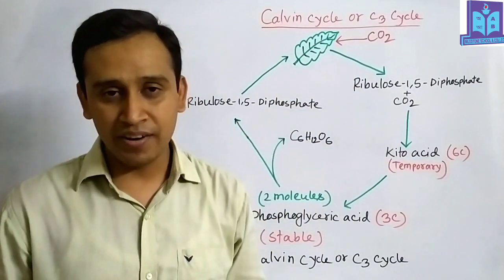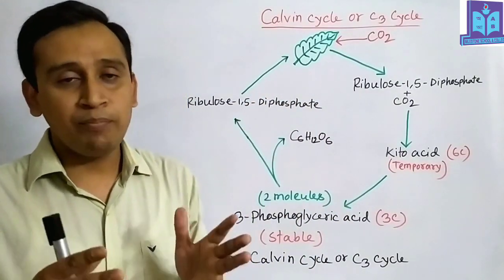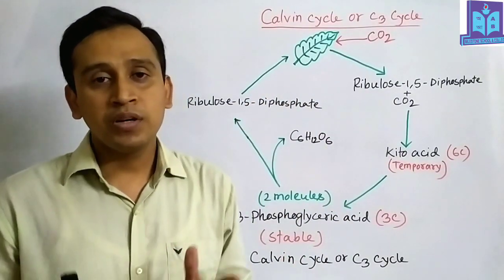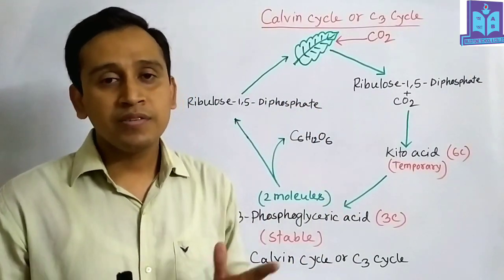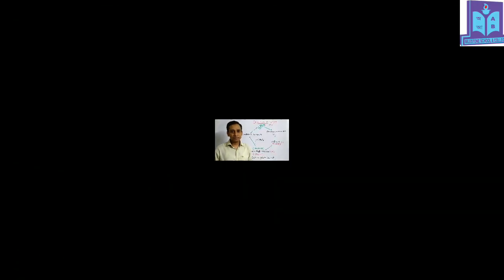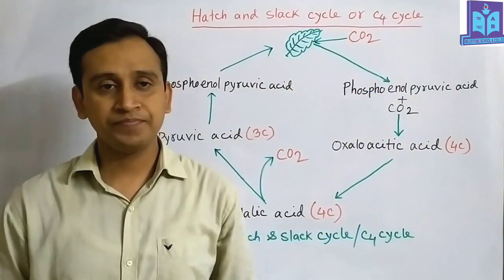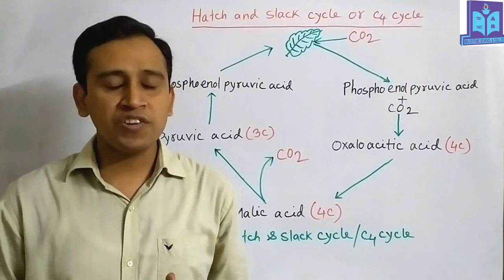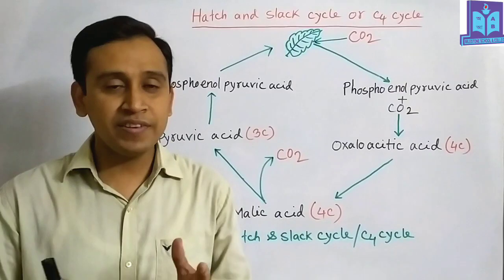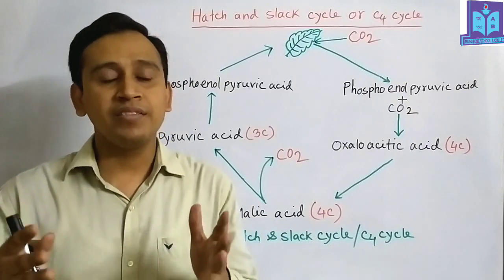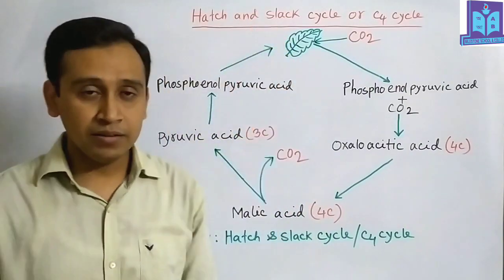In most plants, the C3 cycle occurs, and the plants which produce carbohydrate through this cycle are called C3 plants. Hatch and Slack cycle or C4 cycle. Two Australian scientists, M.D. Hatch and C.R. Slack, discovered this cycle in 1966.